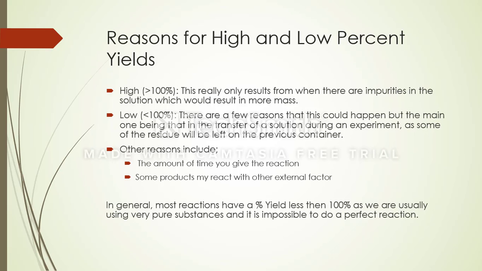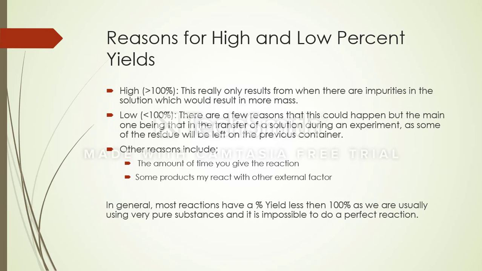Now, going into more advanced stuff, here are some reasons for high and low percent yields. First, we'll talk about high percent yields, which is over 100%. This doesn't really happen all that much, and realistically only results from impurities in the solutions that you're using.